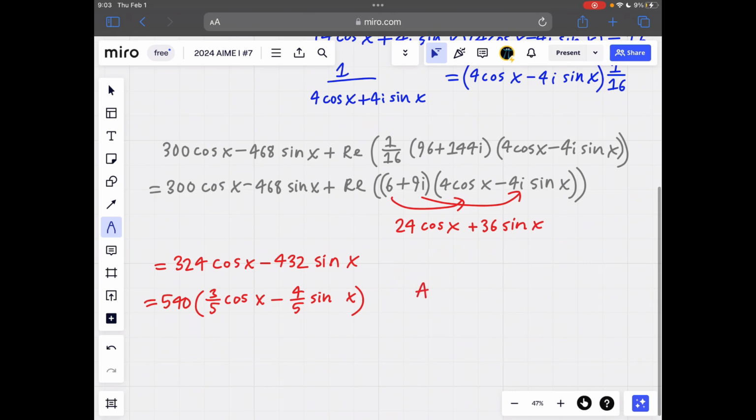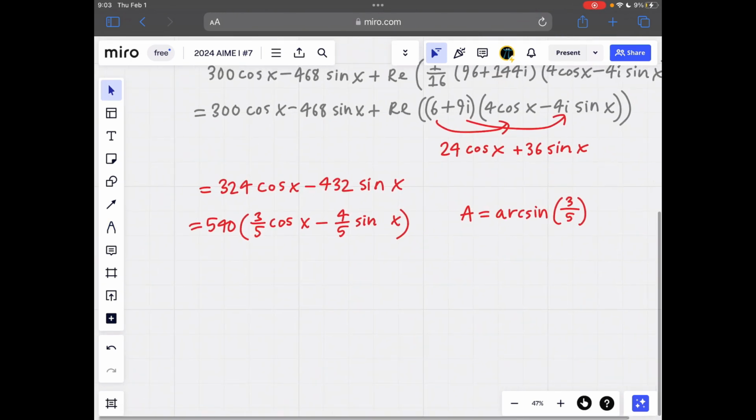Now, if we let A be an angle whose sine is equal to 3/5, in other words, A equals arcsin 3/5, then cos A is equal to 4/5.